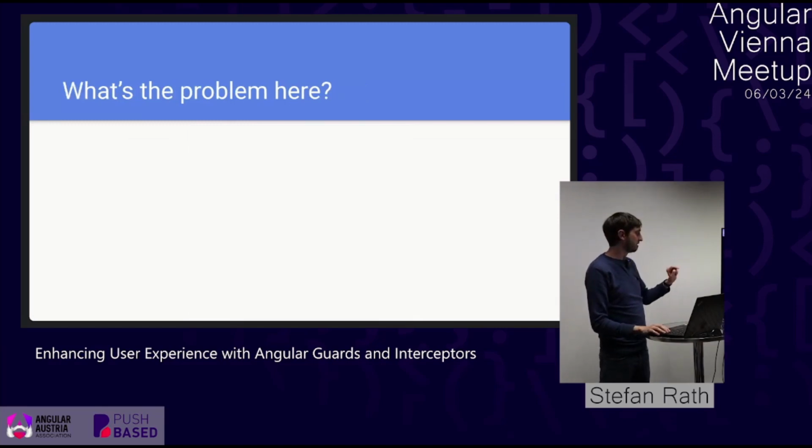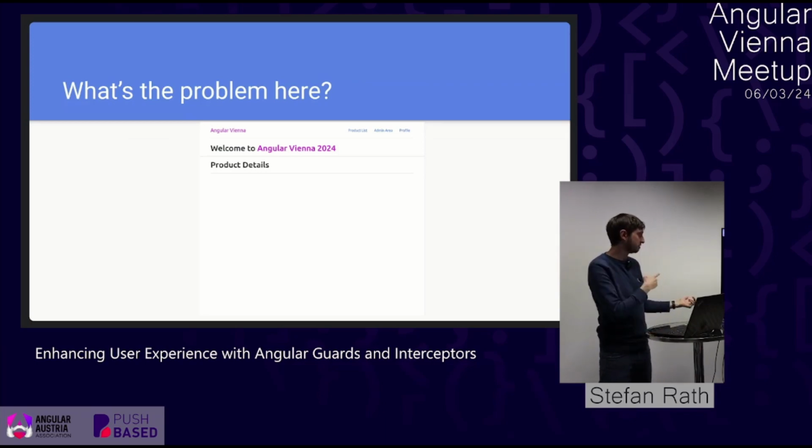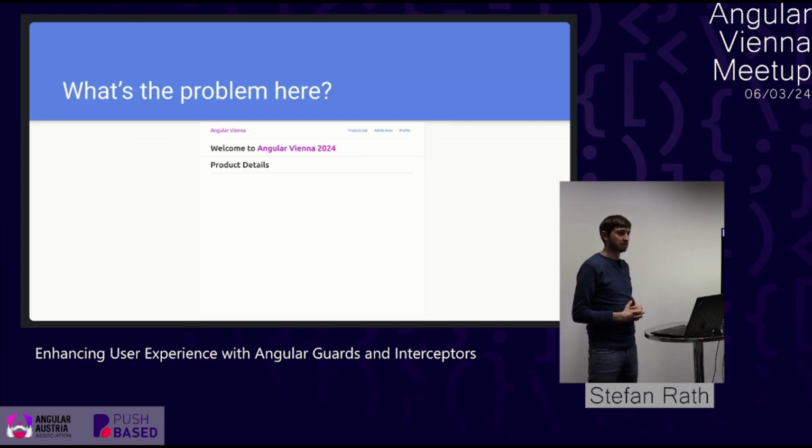So, here we have something, and what's the problem here? Who knows it? Nobody, because we just see product details and nothing else. And I think that we should have an interceptor here, or a guard. We should not even see anything here. We all know websites, hopefully not built by ourselves, but probably government websites also, where you see this screen.